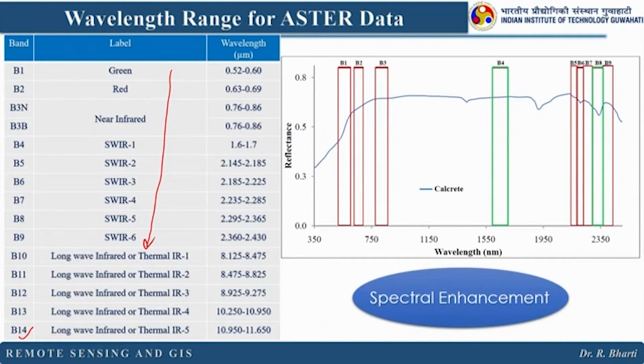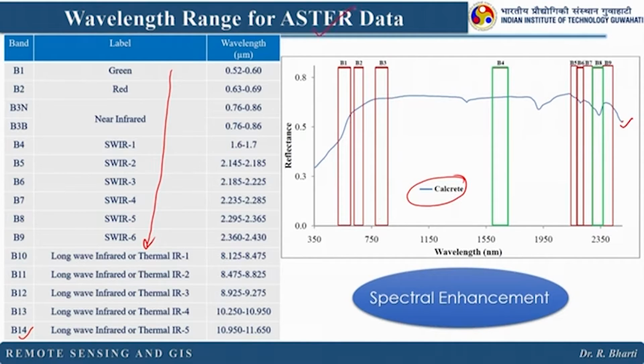And if you see a calcrete, forget about calcrete, you can imagine it is having similar properties to calcite. So for calcite, this is the spectral behavior, right, you can see this. Now these are the wavelengths available from Aster data.